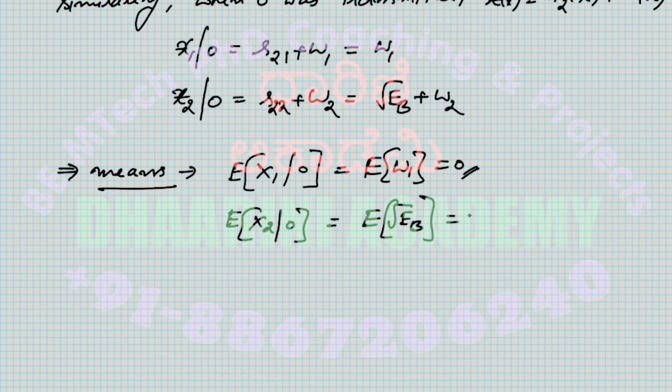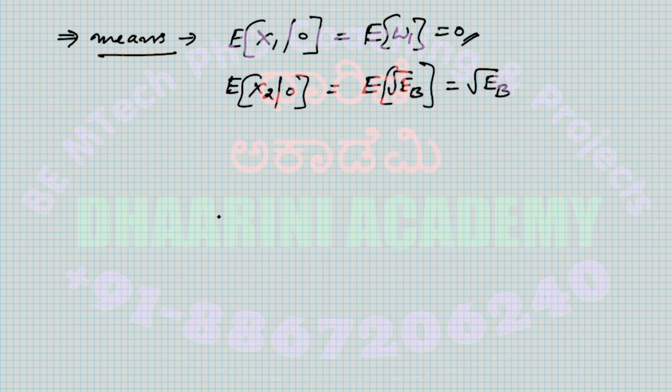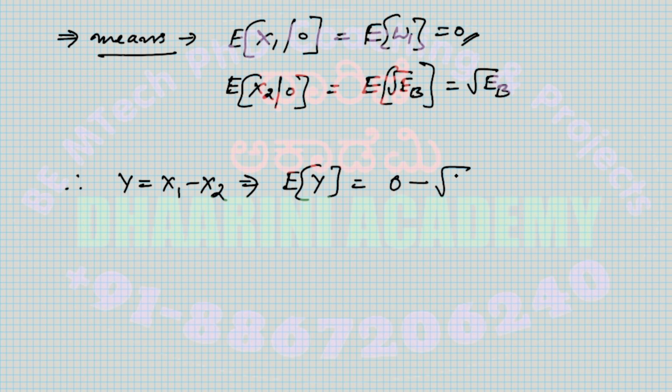So that is simply root Eb. All right. Now, also let us try to calculate. Therefore, y is x1 minus x2, right? So this implies I can calculate the expected value of y as the difference. That is the first part, 0, and the second part, root Eb. That is equal to minus root Eb.